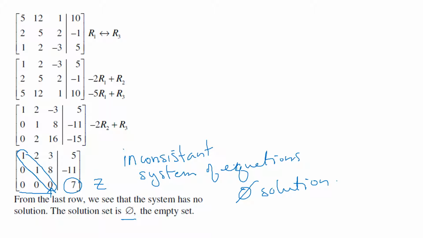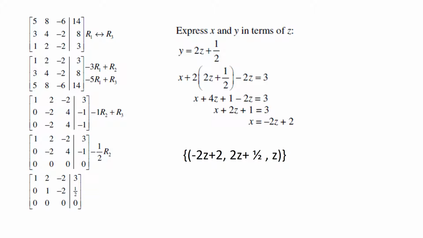So that's the way you would identify that there was an inconsistent system, is if you had all zeros across a row equivalent to a number that was not 0. And that gives you an idea that you don't have any value for z.